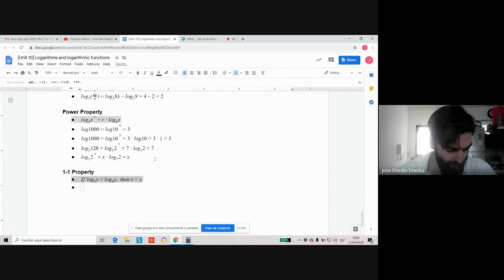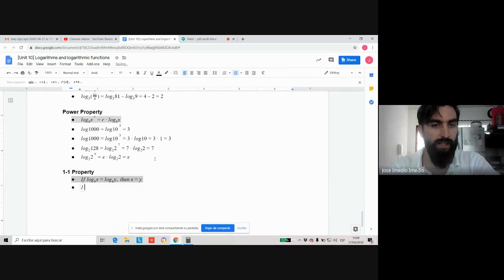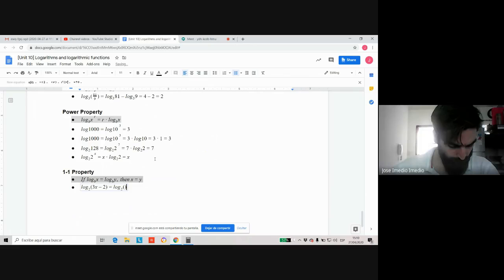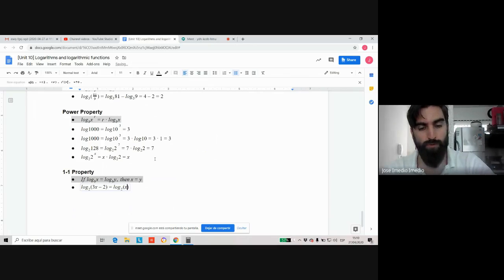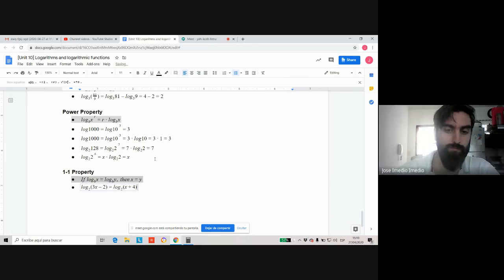There's an example that says if, let's say, logarithm base 2 of 3x minus 2 equals logarithm base 2 of x plus 4, then 3x minus 2 equals x plus 4.